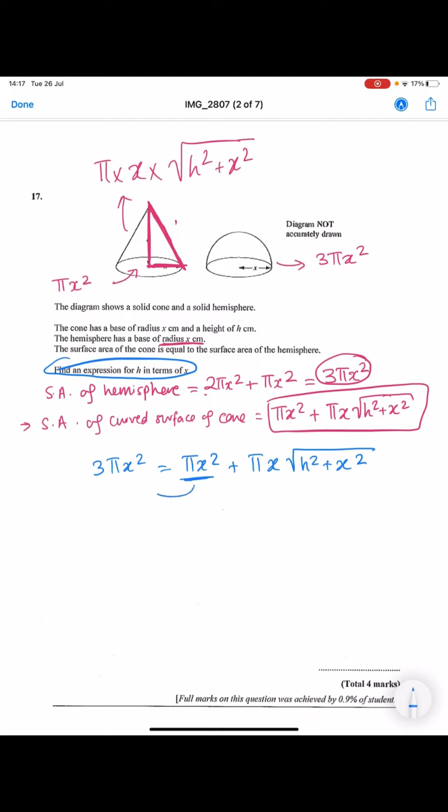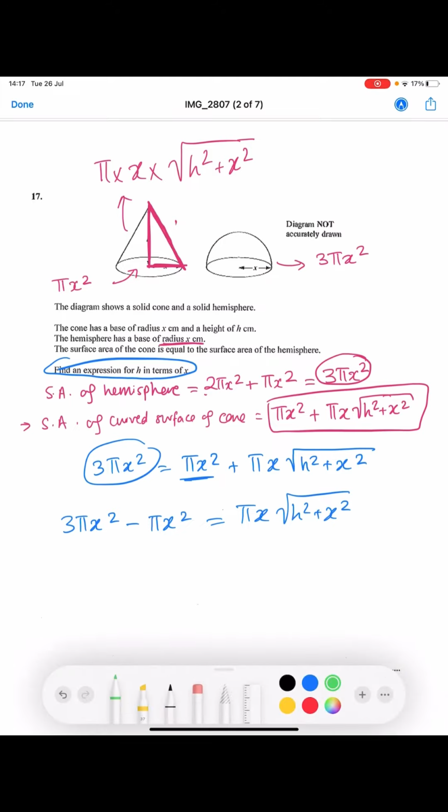We can just minus this to get onto the other side. So we get 3 pi x squared minus pi x squared equals pi x square root of h squared plus x squared. Okay, we can also now get rid of this. How do we do that?